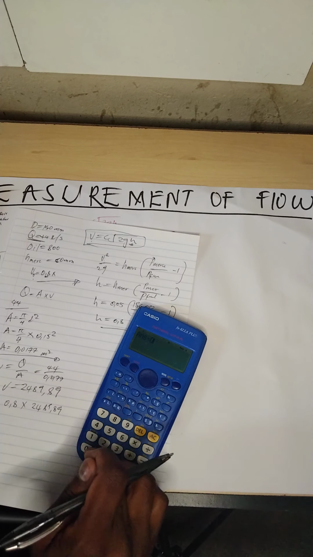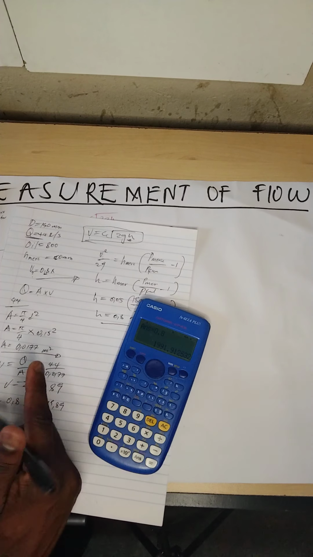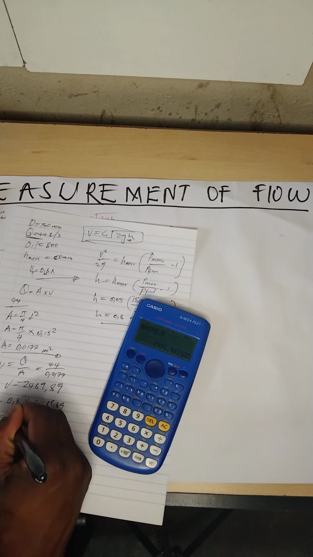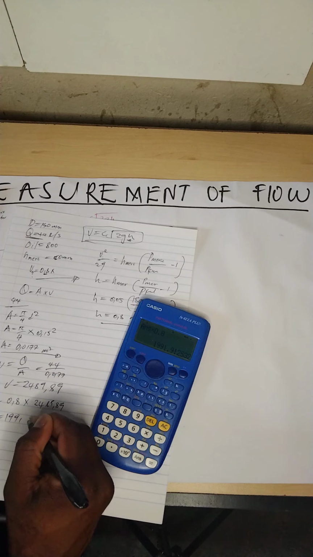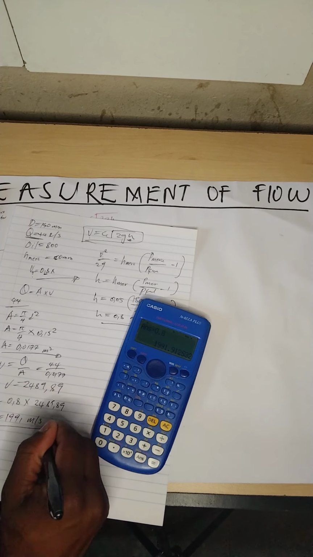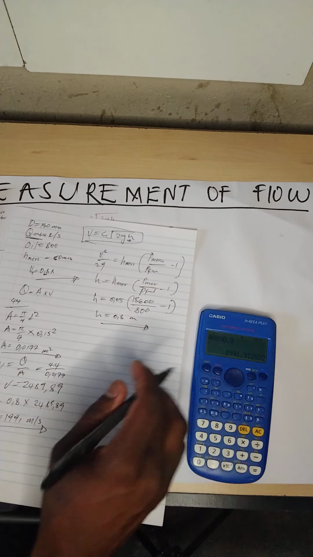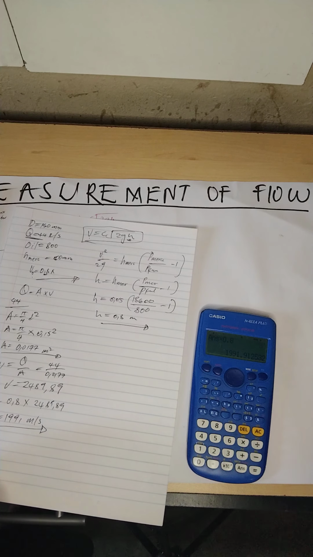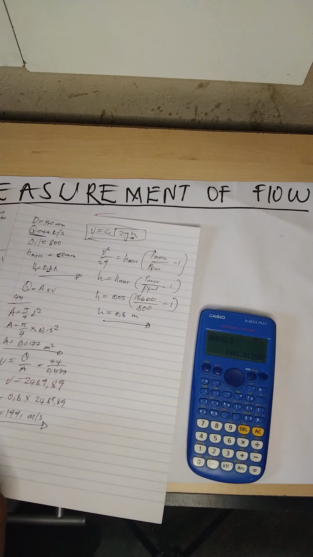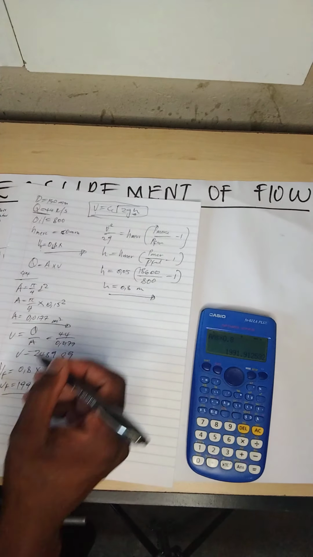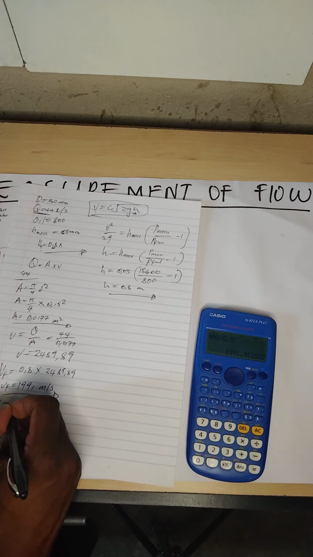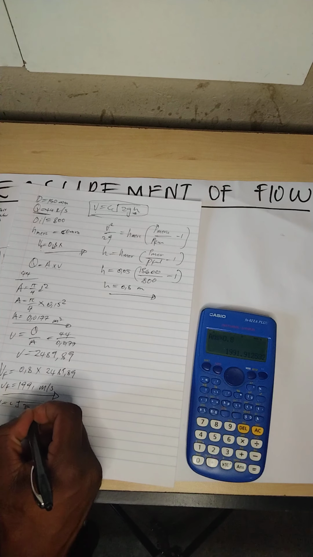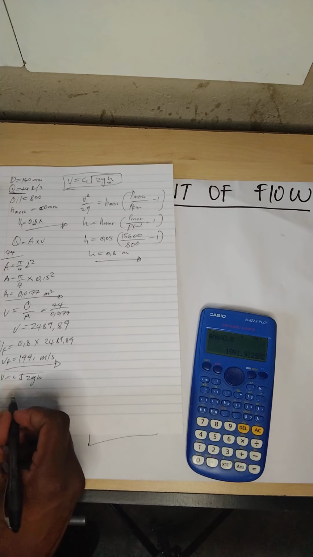I'm surprised with our velocity. Why is it so large? Is it too much meters per second? This is a very high velocity, very high. All right, but it's fine. This is how you have to work out your problem. And we come to substitute our velocity here in V equals C root 2gh.